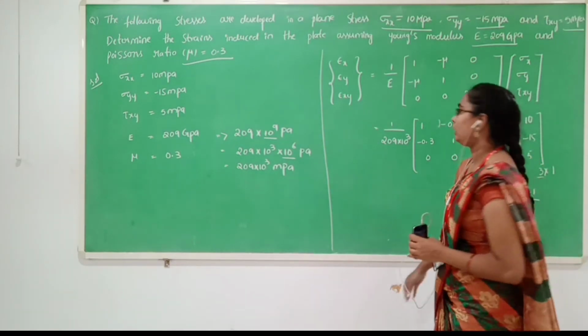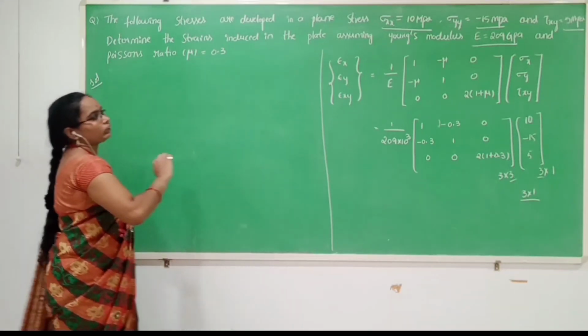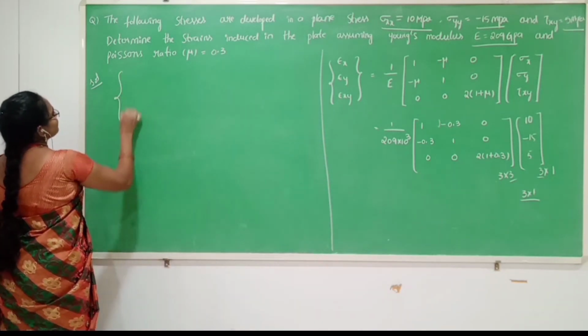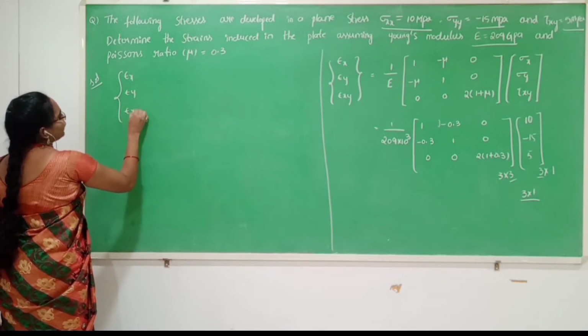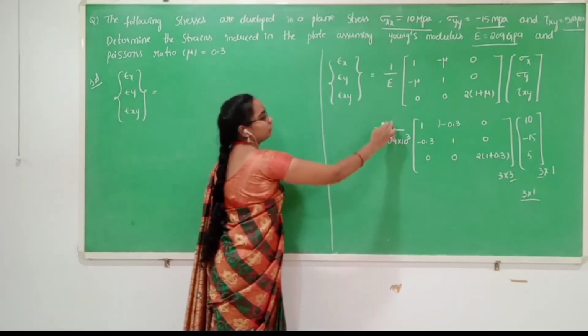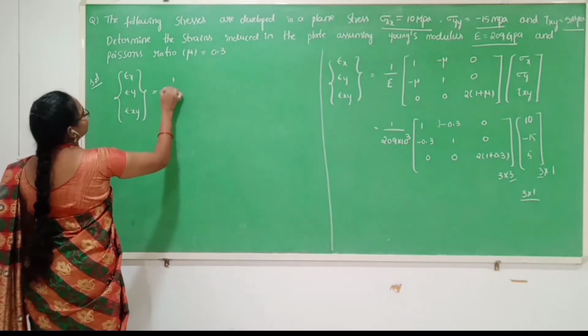Now I would like to explain how to multiply these matrices to find the strains epsilon x, epsilon y and epsilon xy. 1 by 209 into 10 cube is a common term.